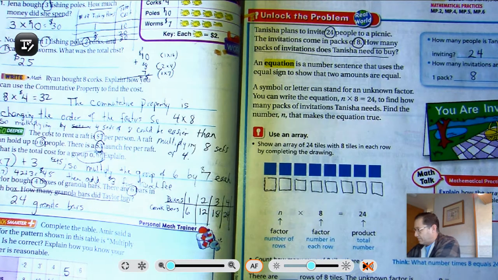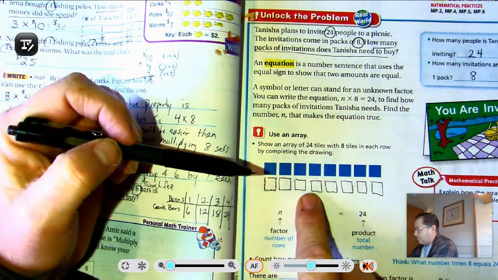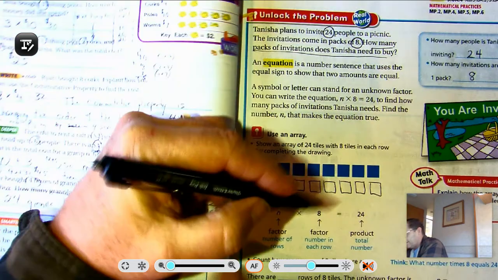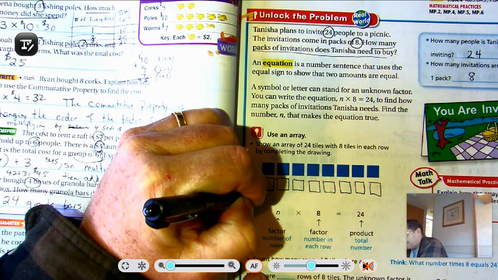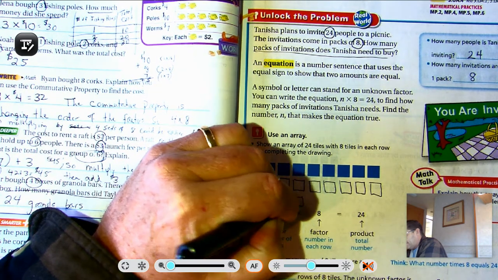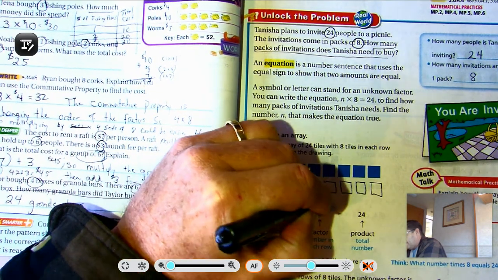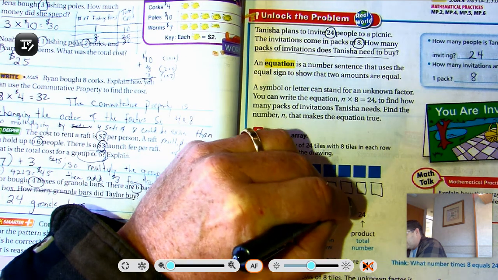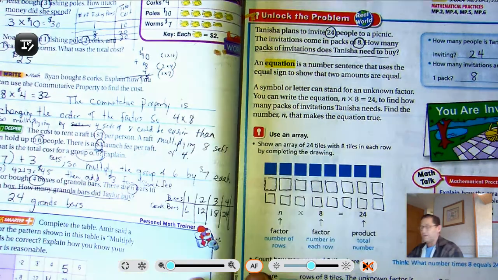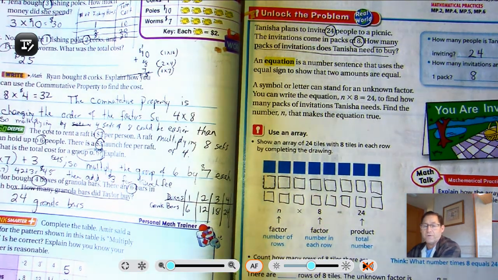Okay, so 8, 10, 12, 14, 16. So I haven't got to 24 yet. Let's see if we can add another row of 8. 17, 18, 19, 20, 21, 23, 24. Okay, so yes, we got to 24 that way.